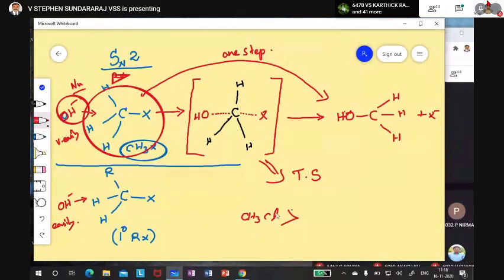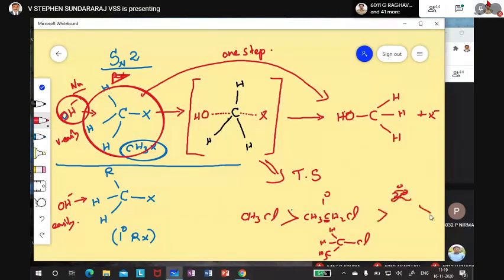The next one is CH3CH2Cl, because in this carbon, only one hydrogen is replaced, attached to chlorine, and here one CH3, one alkyl group, so a little less easily. This is primary. Then secondary is a little more difficult. I'm giving the possibility. And lastly, the least reactive is tertiary.